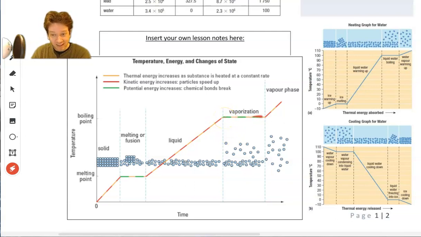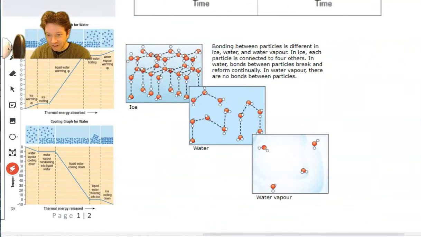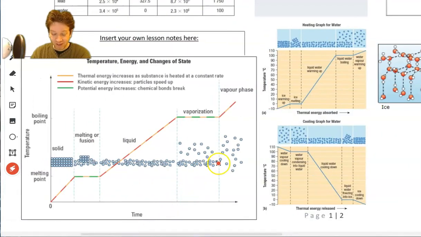So once again, the energy that we're transferring, the heat, is not going into the kinetic energy of the particles. Now it's going to go into breaking more bonds. So it's going to break these bonds until it becomes water vapor. So until it becomes a gas. So it changes state once again.